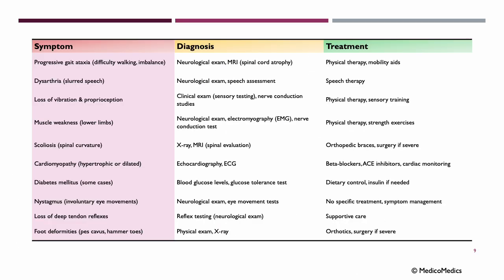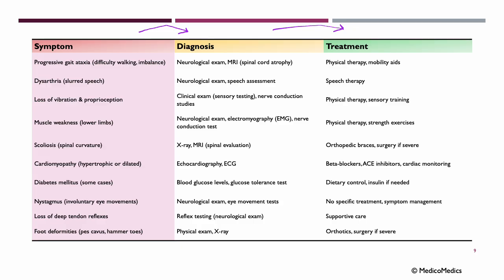Now here we have a table connecting the different symptoms to diagnostic methods and then to whatever available treatment we have. Now, we don't have a cure for Friedreich's ataxia. And what we do is to try and correct for and manage the different symptoms that are present.